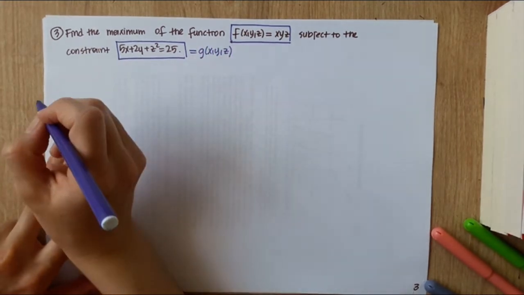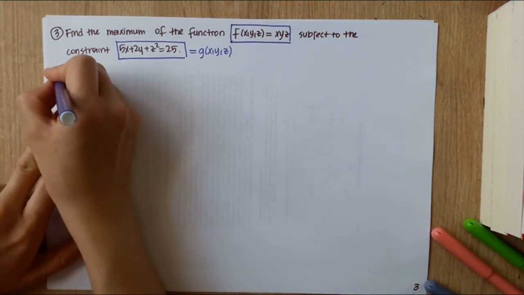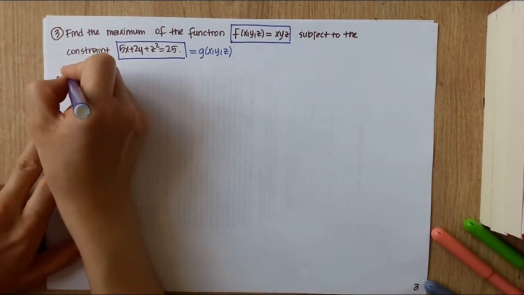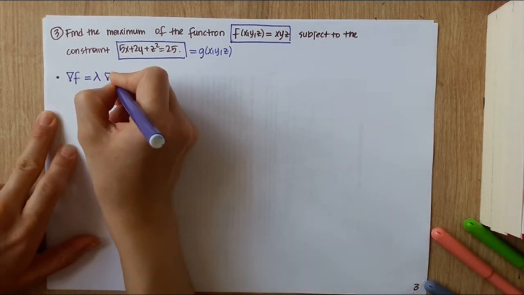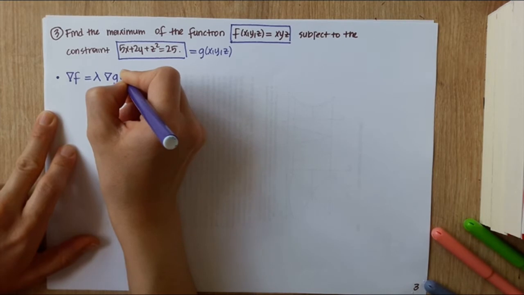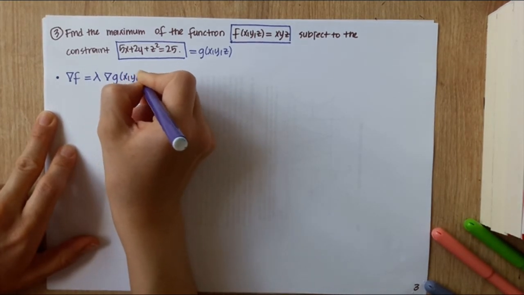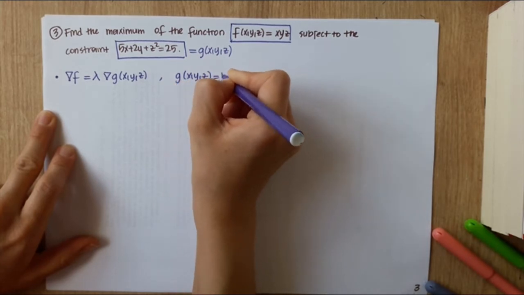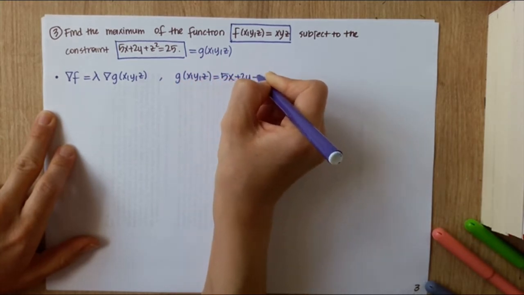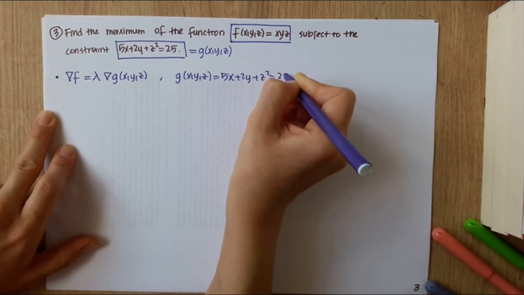Then the gradient, because of the Lagrange multipliers idea, gradient f should be equal to lambda times gradient g of x, y, z here. And we know that g of x, y, z should be equal to 5x plus 2y plus z squared, 25.